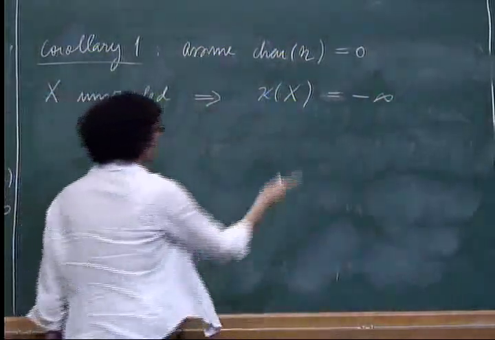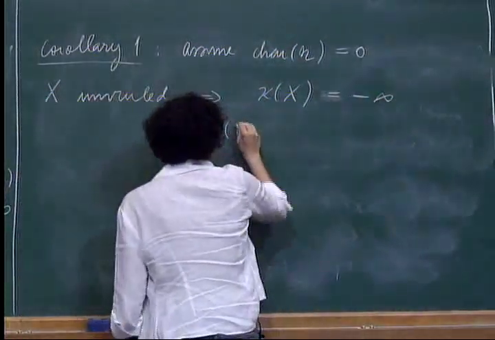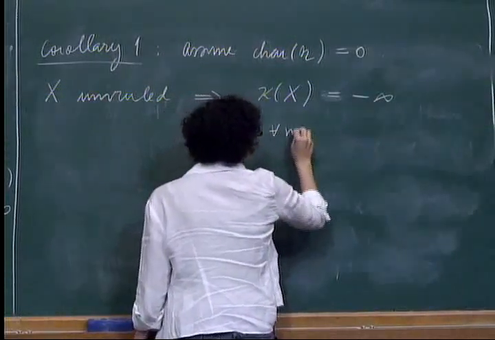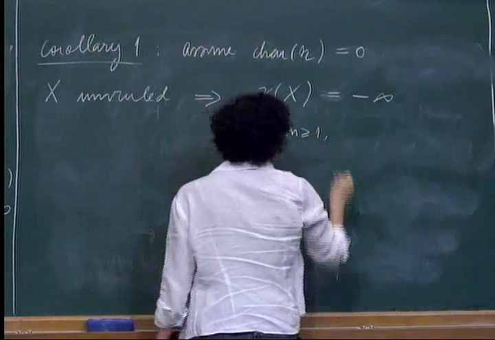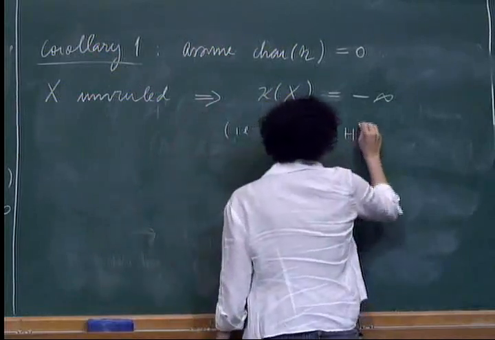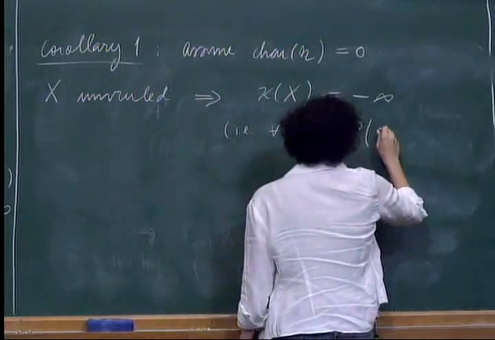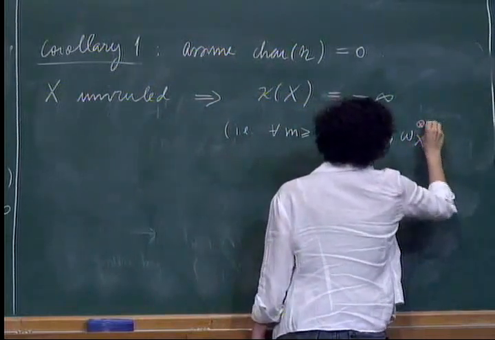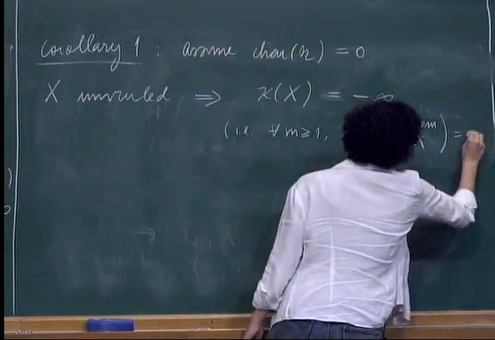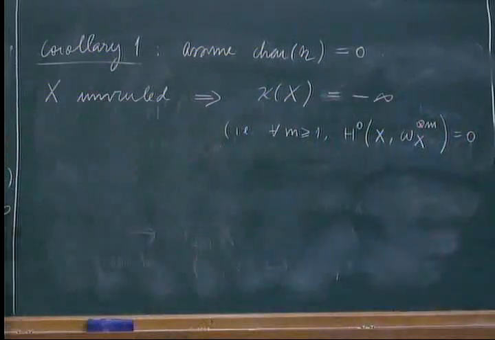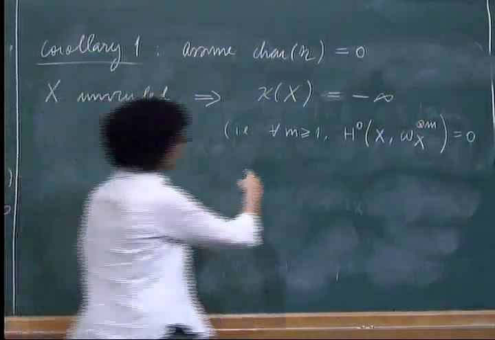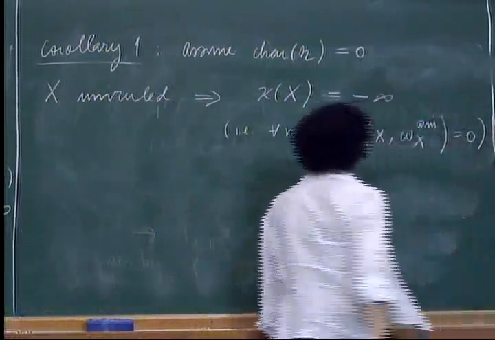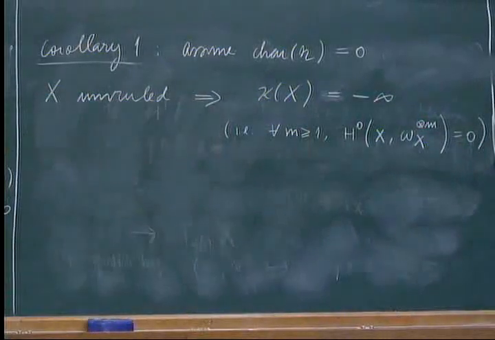And let me recall what this means. This is just saying that for every positive integer m, the H^0 of X, omega_X to the power m, is 0. It does not have non-zero global forms.